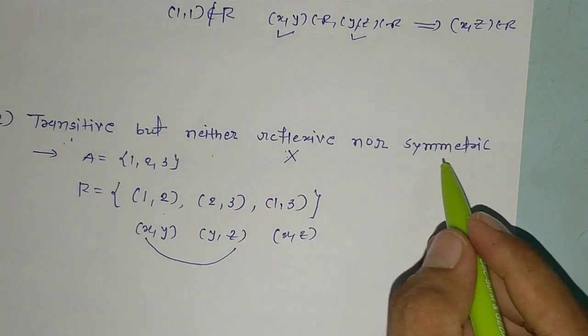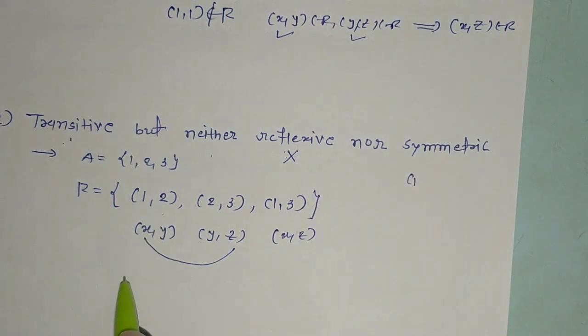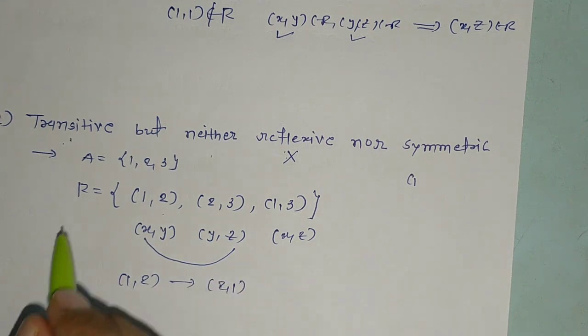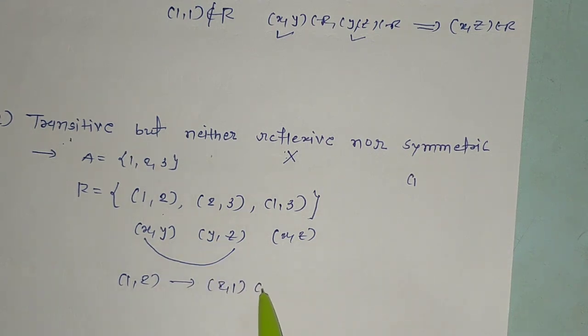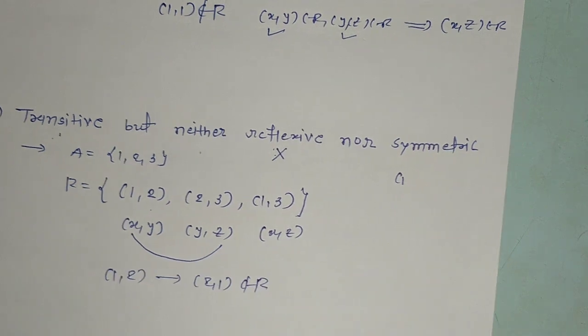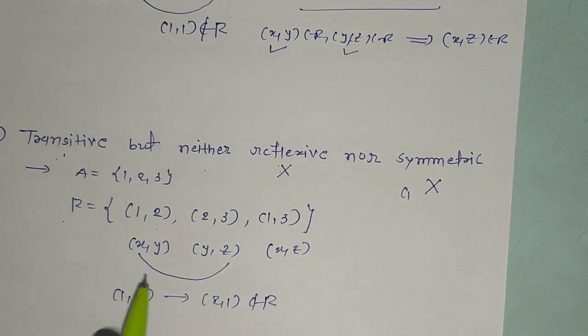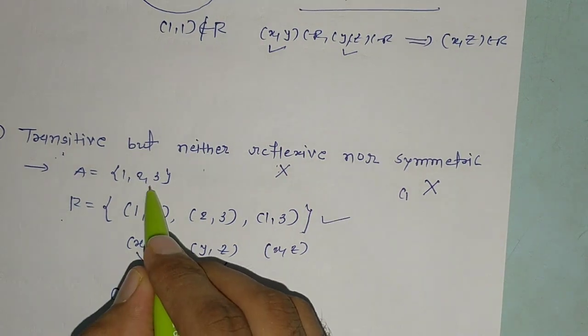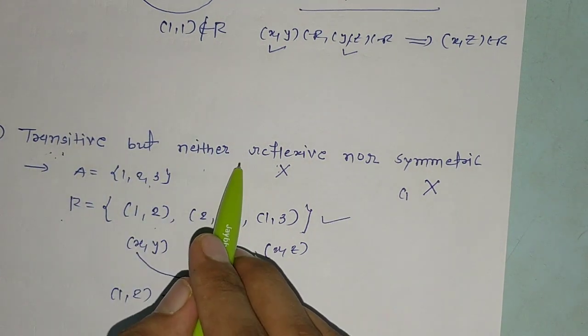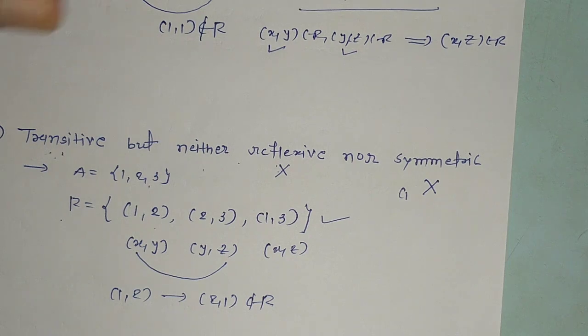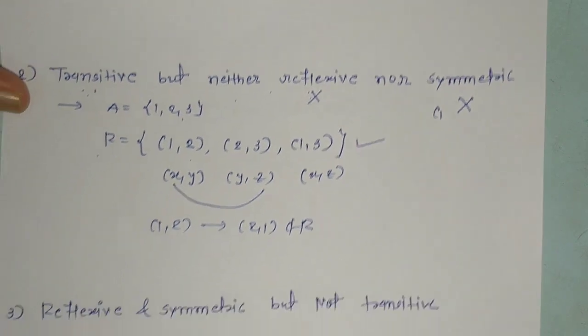About symmetry: (1, 2) is there, so there must be (2, 1) in the relation, but you can see (2, 1) is not in the relation, so this relation is not symmetric. So this relation on this set is only transitive, neither reflexive nor symmetric. Let's approach the third question.